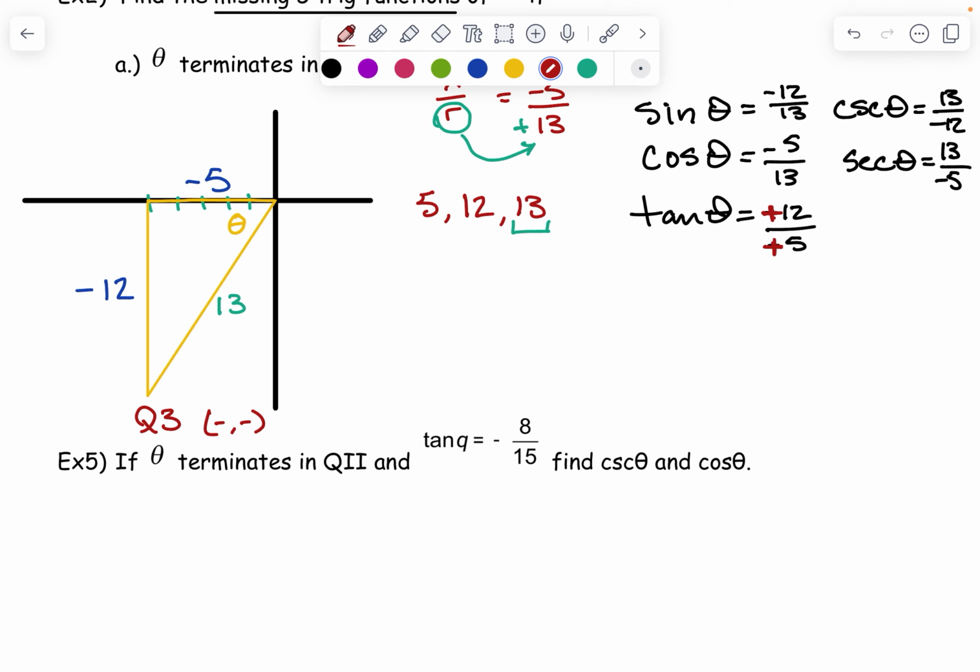And then my cotangent is going to be the reciprocal. So it'll be 5 over 12. Again, negative over a negative would give me a positive.